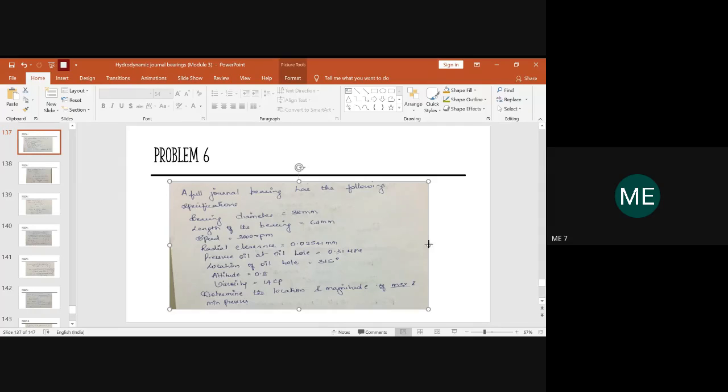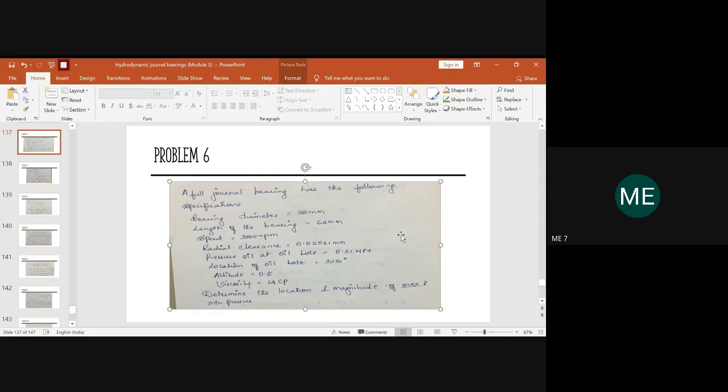Everyone please take down this problem. This is a question on a full journal bearing, again to determine the magnitude and location where the pressure will be maximum and minimum. Everyone kindly take it down. It is a full journal bearing which has the following specifications.